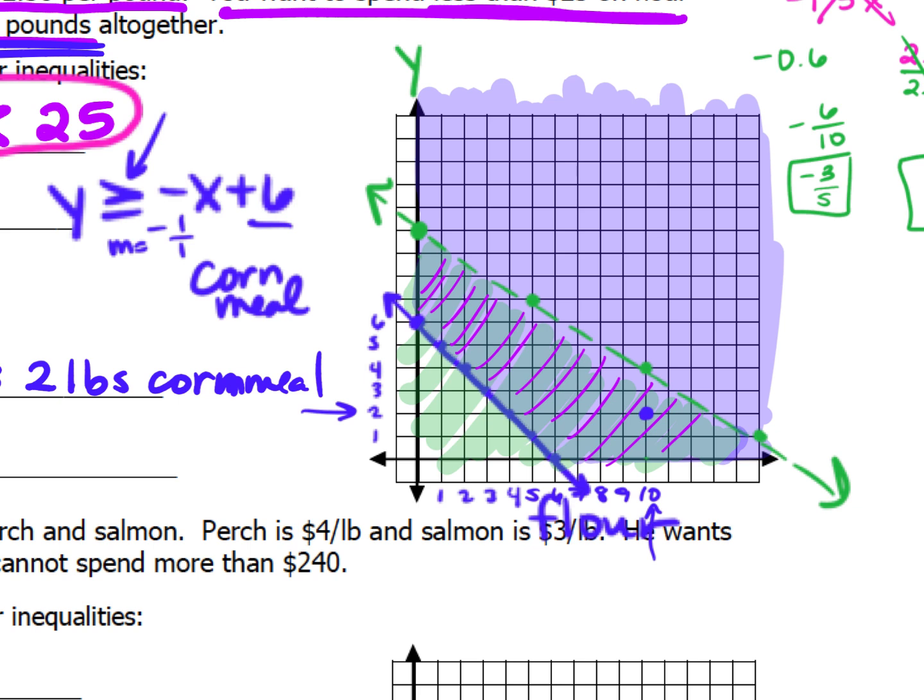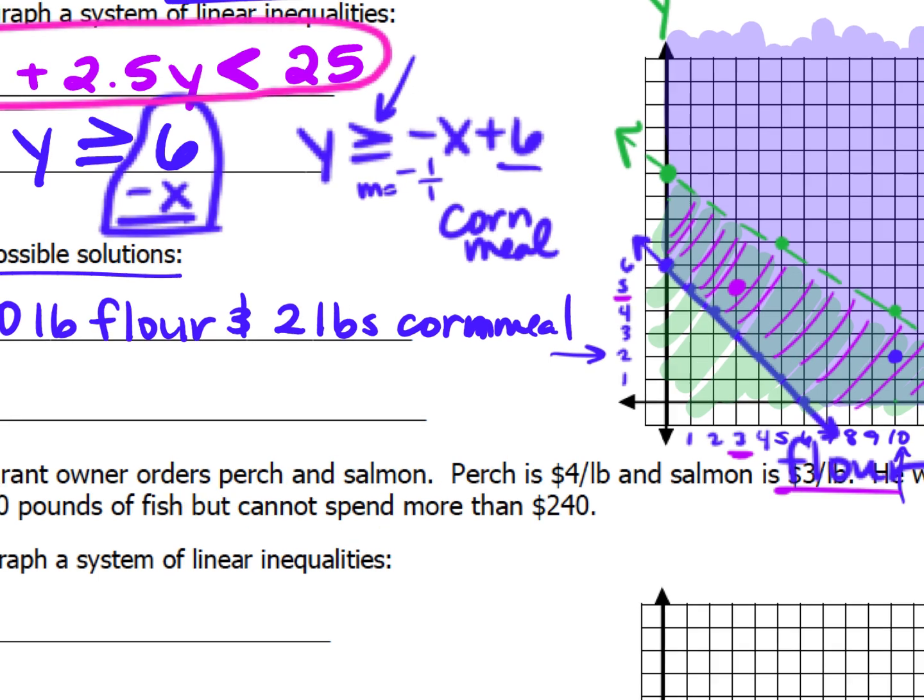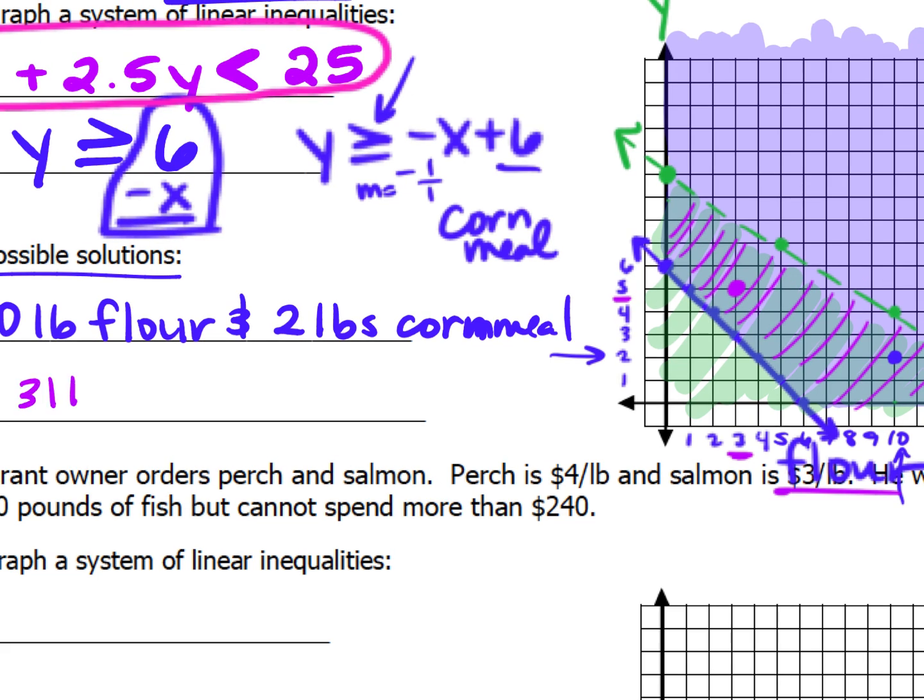In other words, could you name that point for me? Because that falls in the overlapping shading. 5, 3. But flip it, right? 3 of the flour, 5 of the cornmeal. So that would be a solution. 3 pounds of flour and 5 pounds of cornmeal.